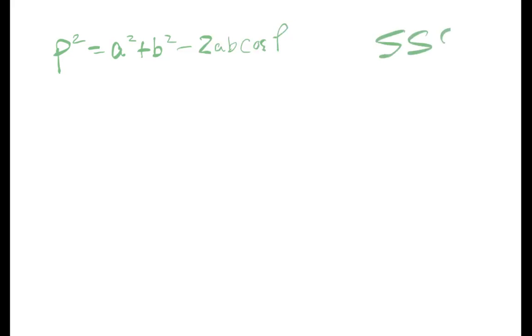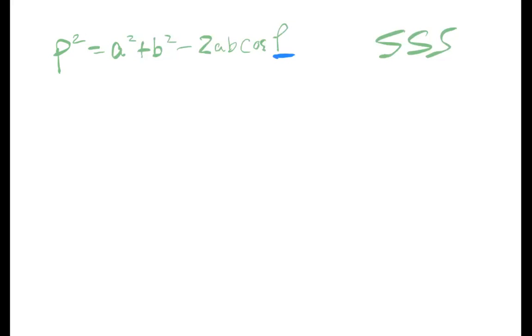Now, another thing I like to do, and maybe this is something you're going to want to do, is if I'm ever given side, side, side information on a triangle, my first job is going to be to find an angle. Okay. So over there at the bottom, I put alternate forms.